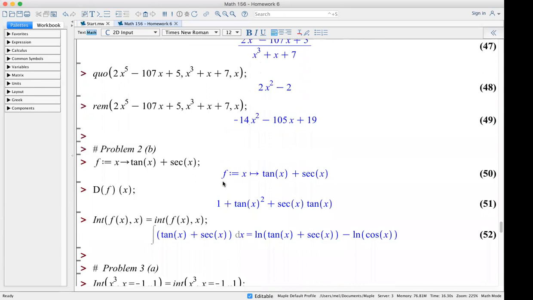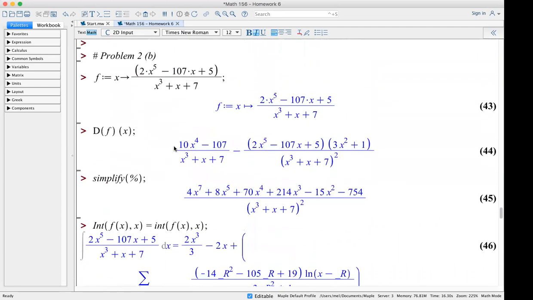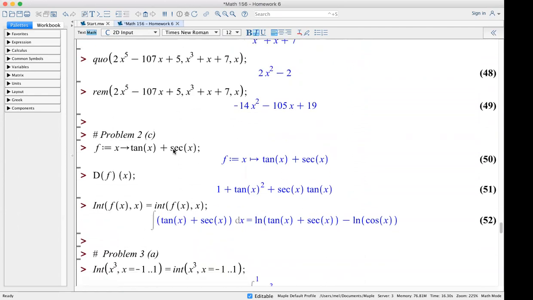And the derivative and integral, this is 2b. Sorry, this is 2c. Tangent plus secant. This is 2b. This is 2c.